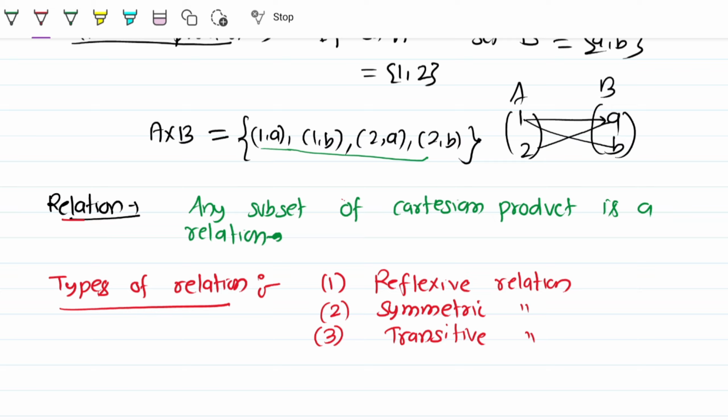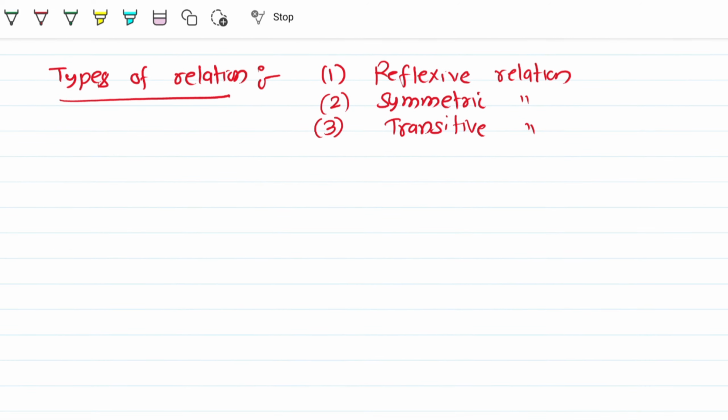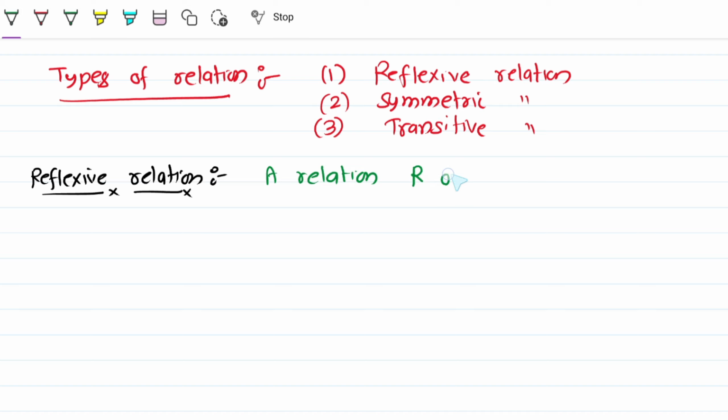Okay, so first one, what is reflexive relation? A relation R on a set A. See, in the relation your set is very important. We will always be focusing on the given set.